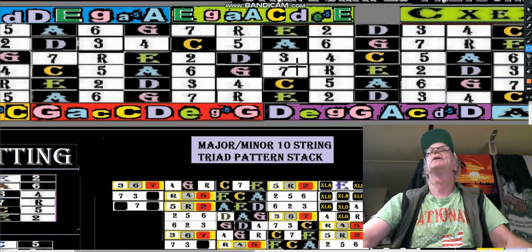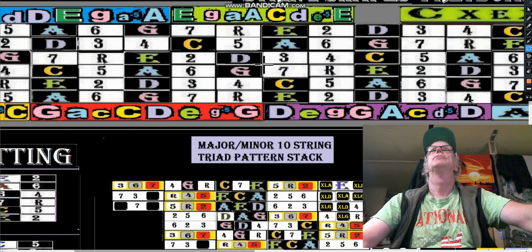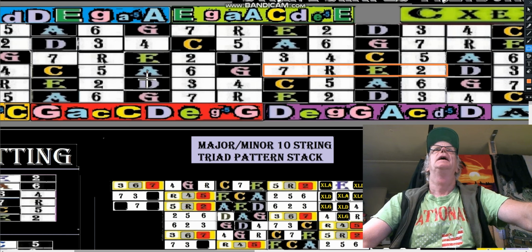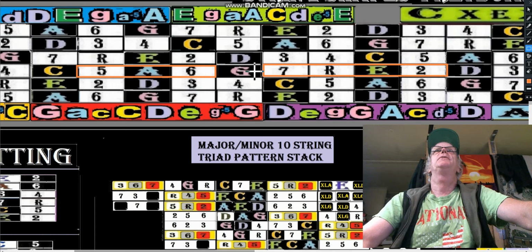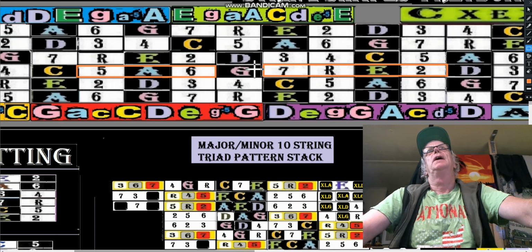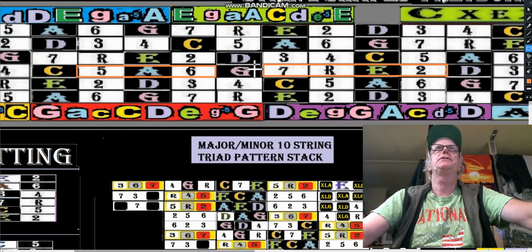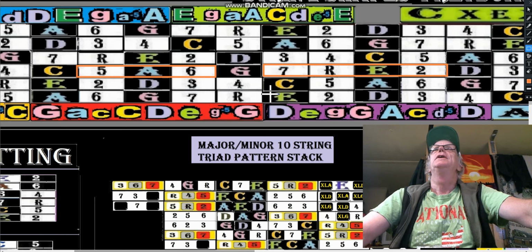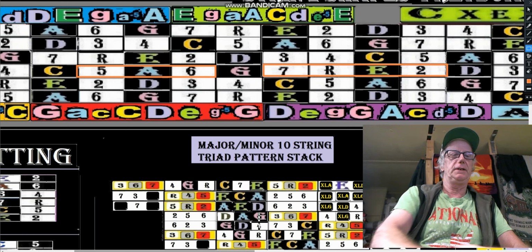Here's our E string shape, and our A string shape's right here. We still have that missing fret in between. So I guess it doesn't hold for the string shapes. There's always something in between the string shapes.